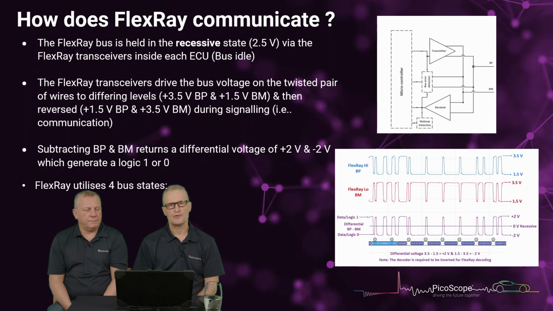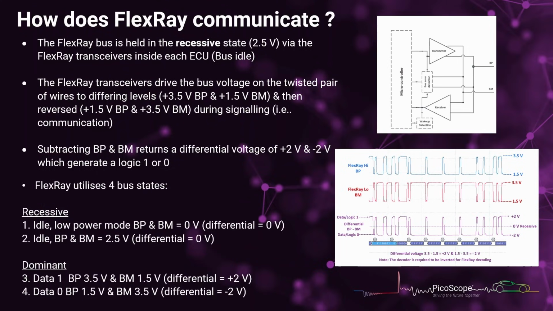FlexRay utilises 4 bus states, which we've got listed here. We've got recessive, which we call the idle and low power mode. This is where bus plus and bus minus are at 0 volts. So 0 minus 0 gives us 0. Then there is the idle state.